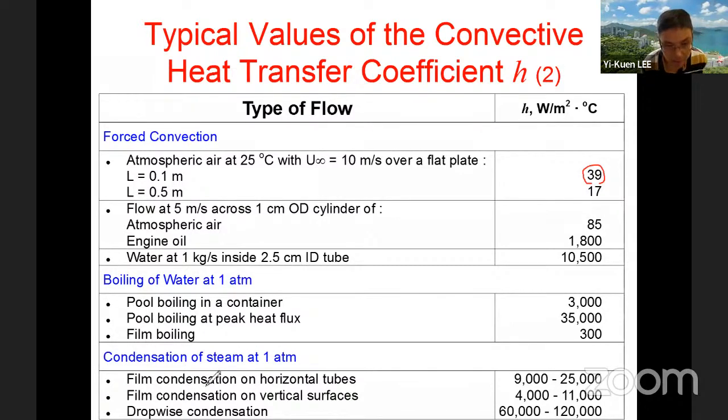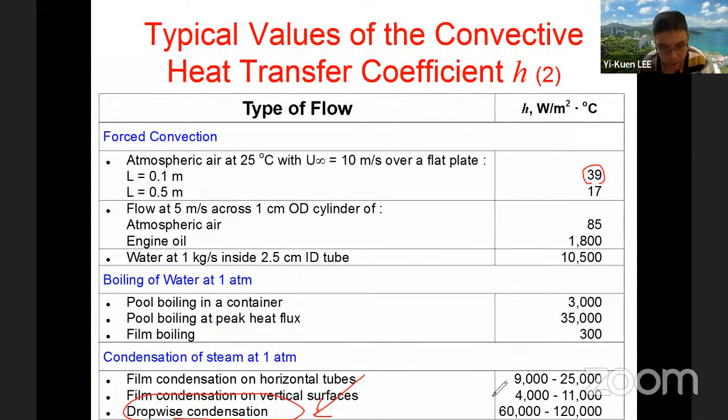Of course, another thing is drop-wise condensation. That's another important thing. So you see, if you have condensation in a tube, like we mentioned, it is on the order of 9,000 to 25,000. If it is drop-wise, with many droplets doing condensation, the amount of heat you can carry will be even more, right? Compare this with the electric fan.